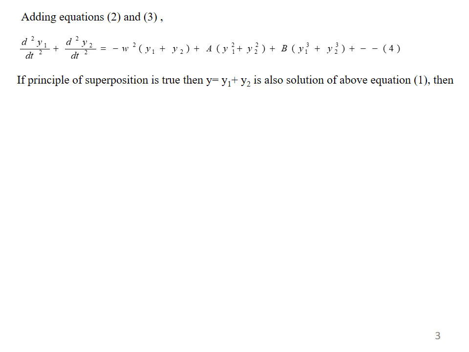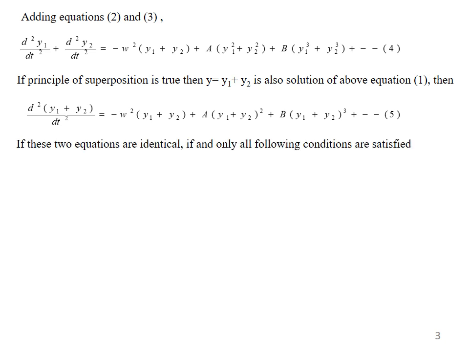If the principle of superposition is true, then y is equal to y1 plus y2 is also a solution of the above equation 1. Then from equation 1 we write d square of y1 plus y2 divided by dt square is equal to minus omega square into y1 plus y2, plus a into bracket y1 plus y2 whole square, plus b into bracket y1 plus y2 whole cube, equation number 5.